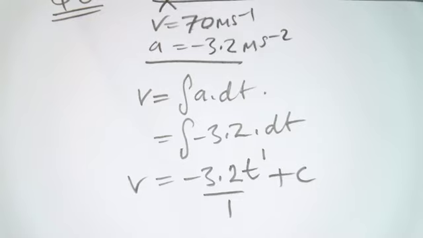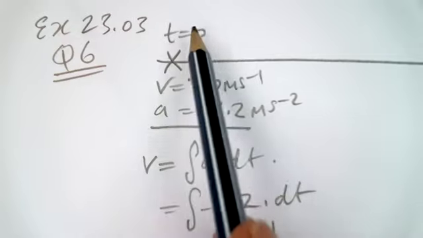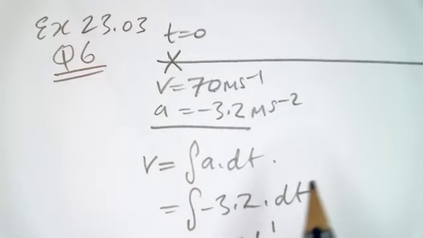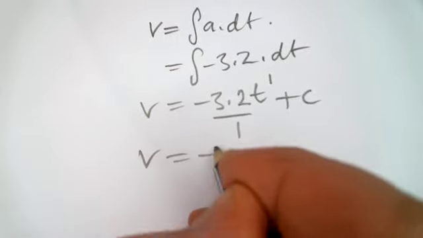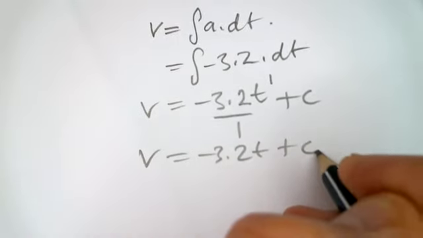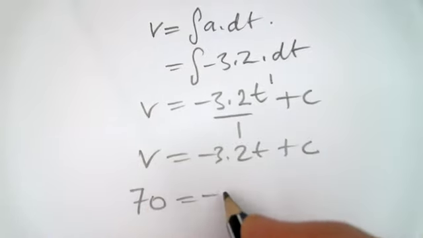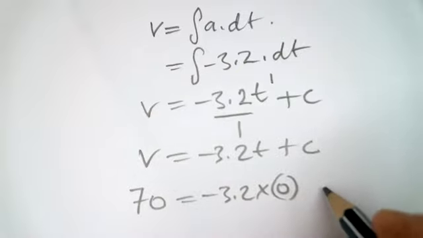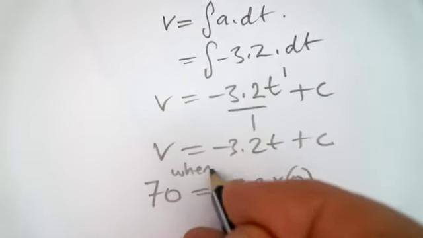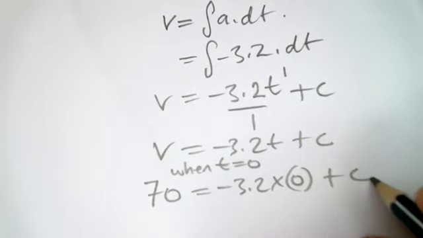So what do we know? We know that when t equals 0, velocity equals 70. I can put that in right now. Here's velocity: negative 3.2 t plus c. We know velocity is equal to 70, which is negative 3.2 times 0, when t is 0, plus c.